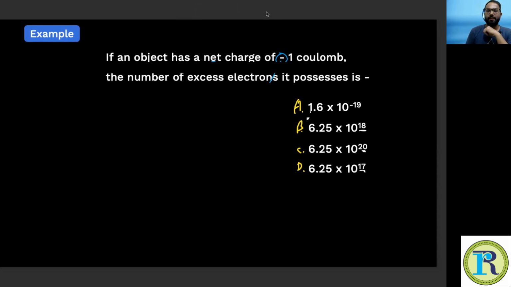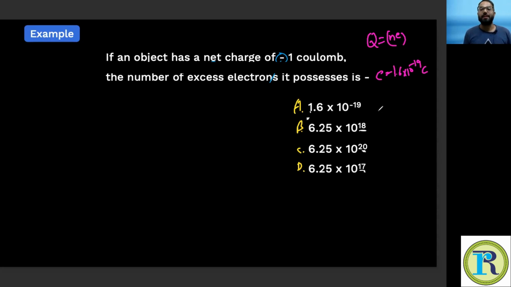The hint is that there is a property of electric charge, that charge is quantized. What does it mean? It means that in our universe, charge exists in integral multiples of the unit charge, that is the charge of an electron. For example, we already know the charge of 1 electron is 1.6 into 10⁻¹⁹ coulomb. So it's the basic unit of electric charge.